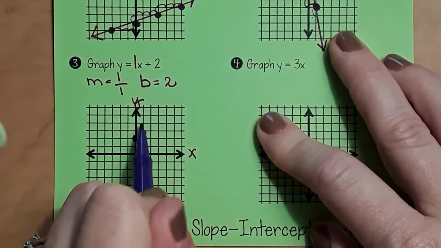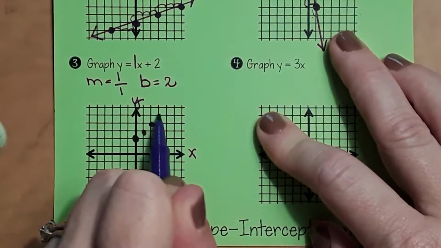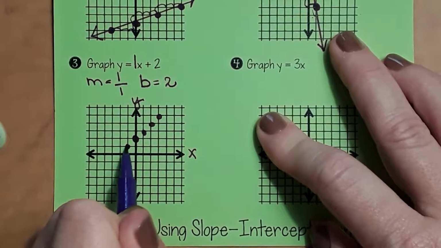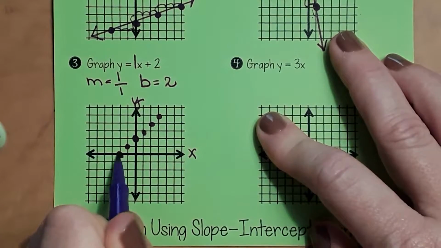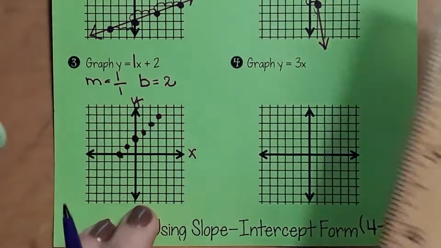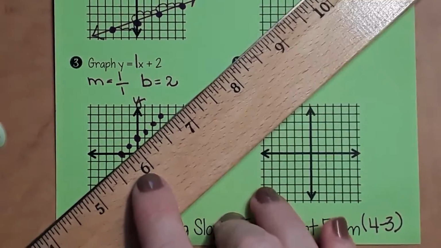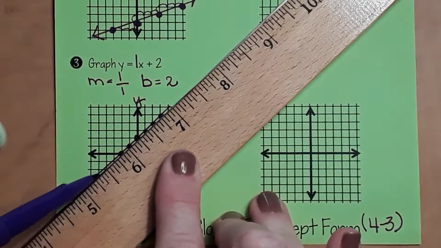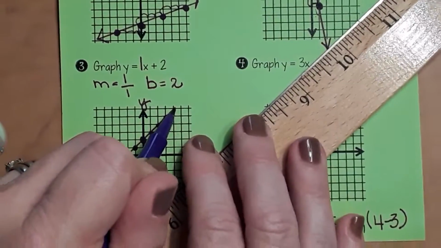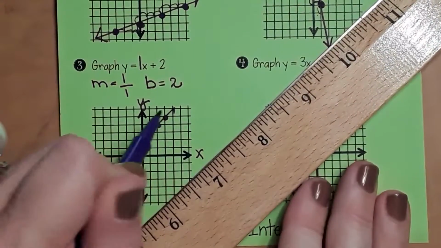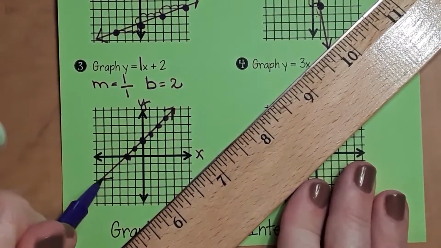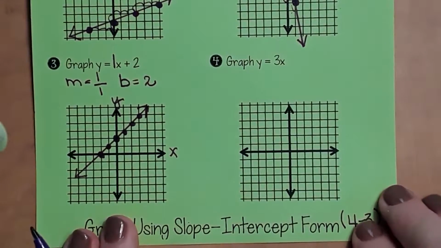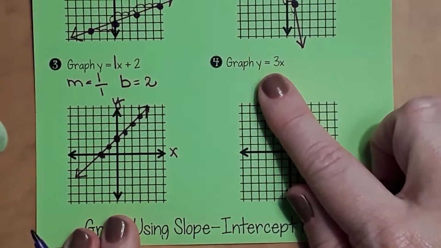And here I'm just going to go up 1 over 1, up 1 over 1, up 1 over 1. Or I can go down and to the right 1, down and to the right. I know that's a lot of points. You really only need 3 to 4. Connect those points and again go past. Oops, sorry guys. All right, let's go to the last one.